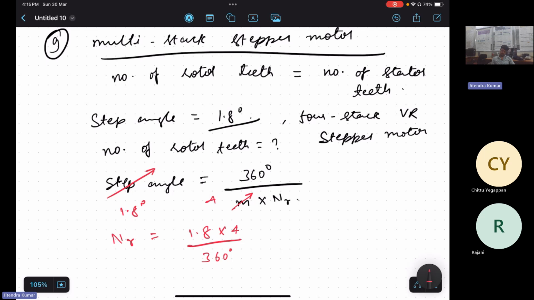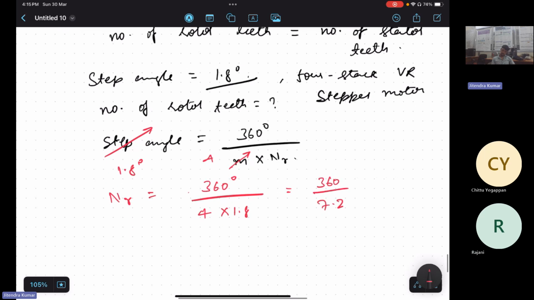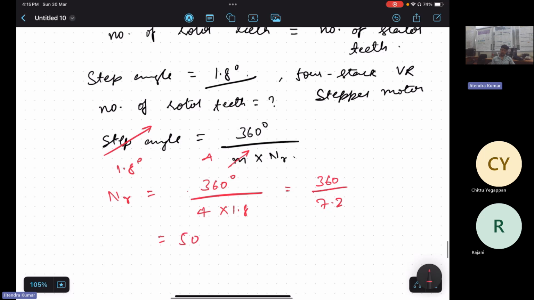360 degree divided by 4 into 1.8. So 1.8, 3.6, 7.2. So it will be 50. So the number of rotor teeth is equal to 50. And since it is a multi-stack motor, the same will be the stator teeth.